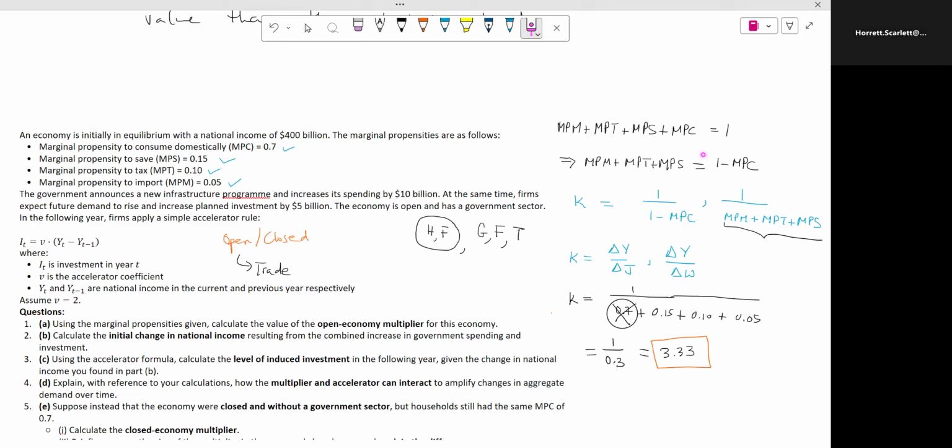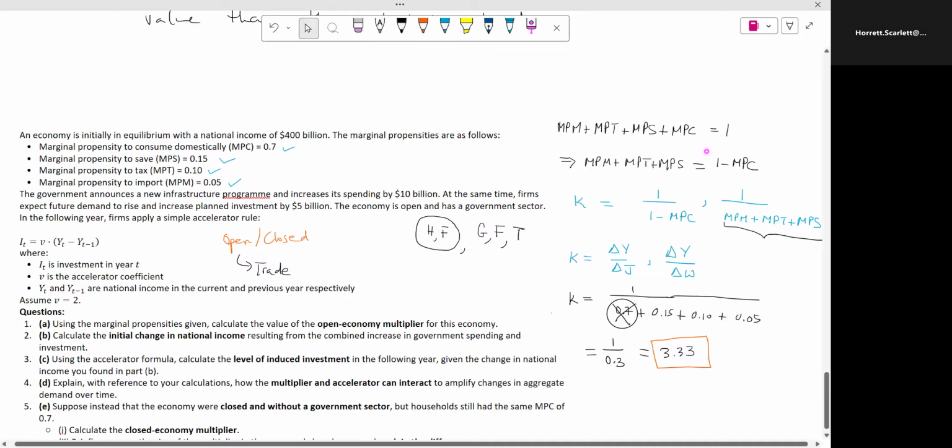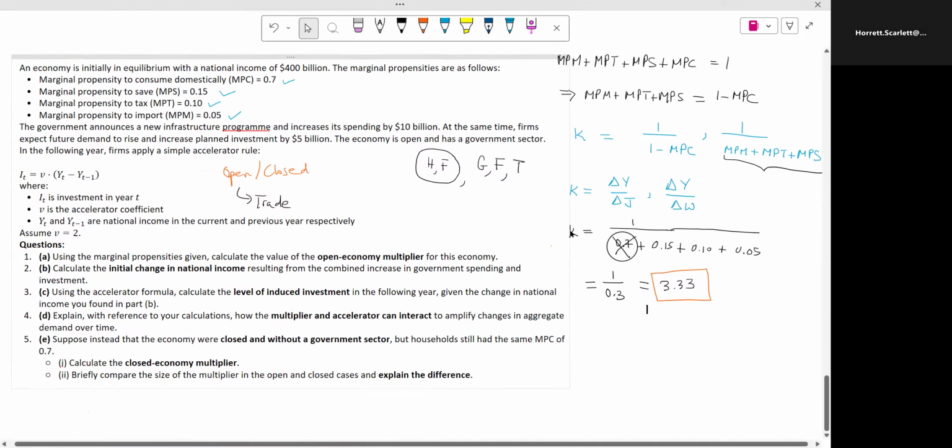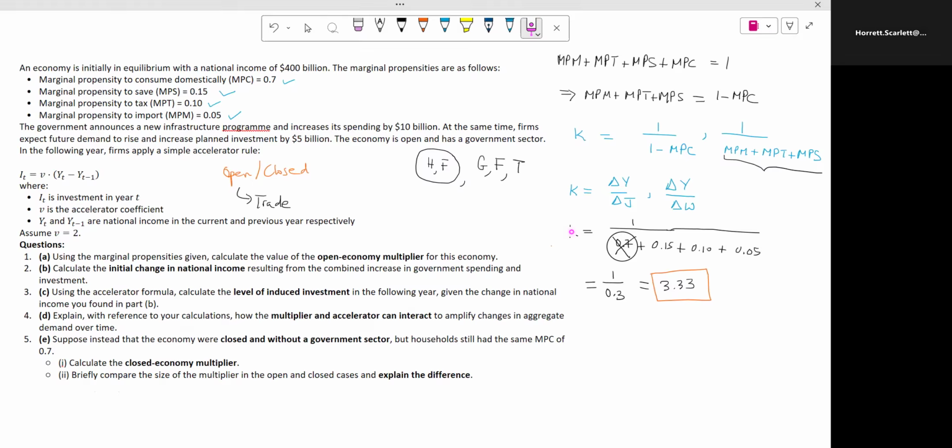So therefore, if we are going to determine what the change in Y is, we know that there's going to be some government spending, plus there's going to be some investments. Government spending is 10 billion, investment is 5 billion.